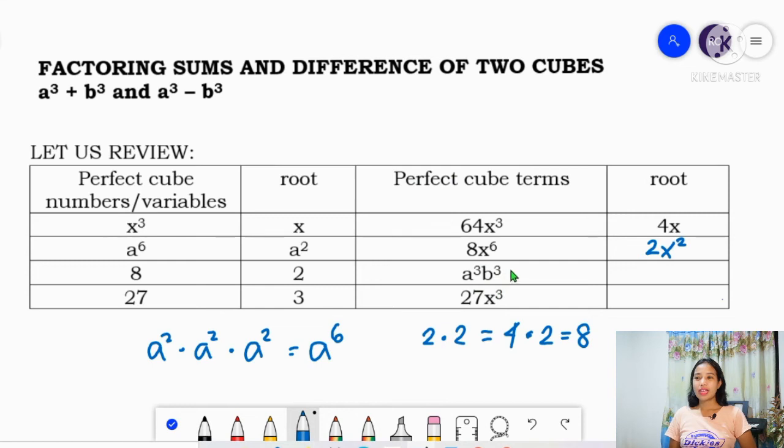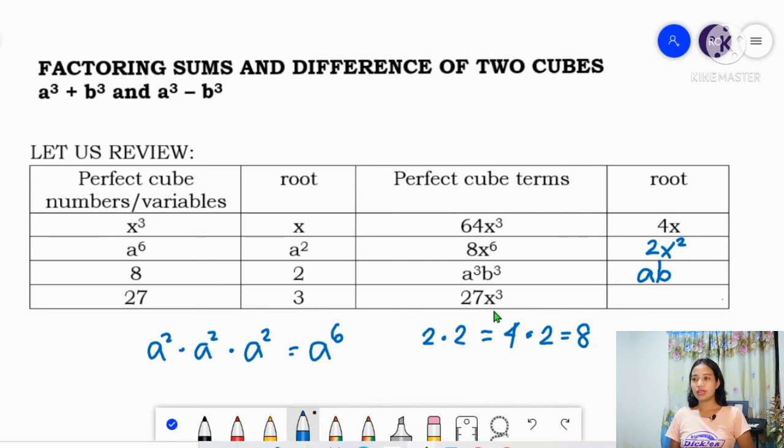Next is a cube and b cube. So, kung kukunin natin ang roots ng a cube and b cube, the root of a cube is a. The root of b cube is b. So, if we multiply a times a times a, ang sagot nun ay a cube. And if we multiply b times b times b, so the answer is b cube.